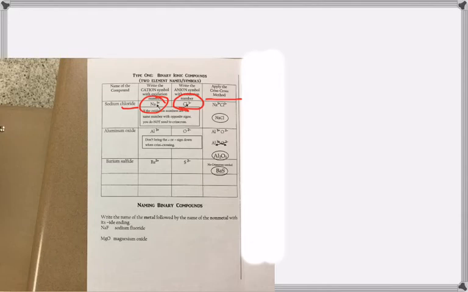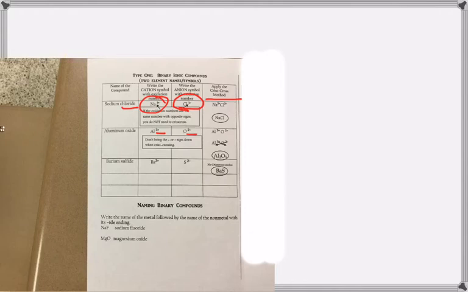Aluminum oxide. Aluminum is Al. It has a 3 positive. It's in column 13, so it has a 3 positive oxidation number or ion charge, and the oxygen has a 2 negative charge. It's in column 16, so it gains 2 electrons, so its oxidation number is 2 negative. So on those I have a 3 and I have a 2. So those 2 numbers are not the same.